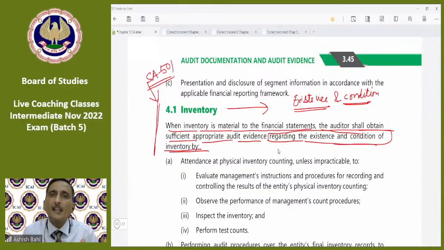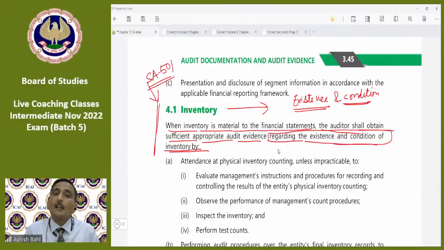So what does this mean, guys? Existence and condition. Existence means that the inventory shown in the financial statements, which is as per books of account, in fact exists. So the auditor is verifying the existence assertion of inventories. The company is showing that there were inventories of say 20 crores as on the closing date.